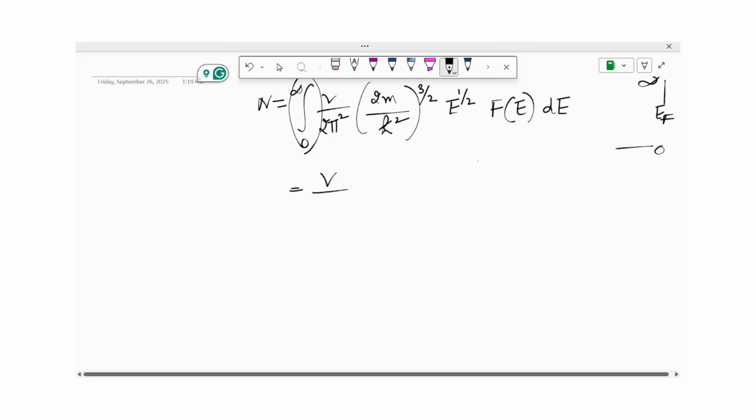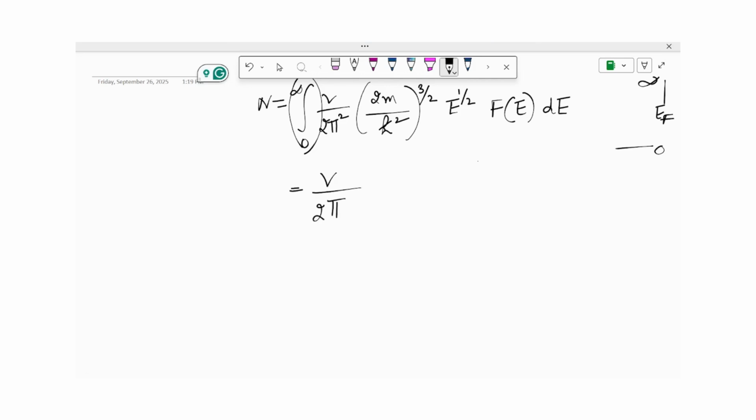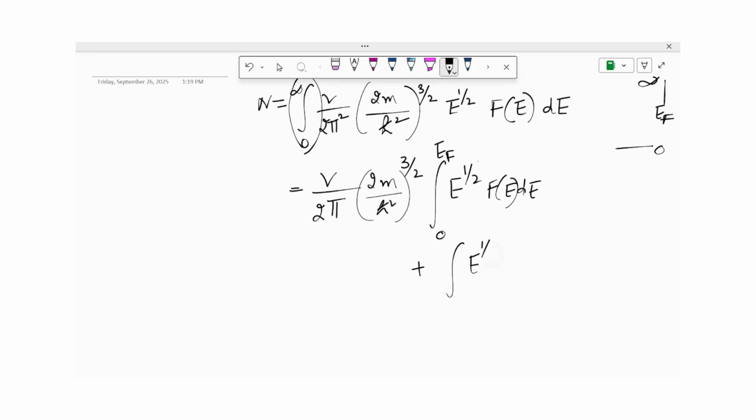Taking the constant terms outside the integration, we get E^(1/2) F(E) dE from 0 to EF, and the second term will be E^(1/2) F(E) dE from EF to infinity.